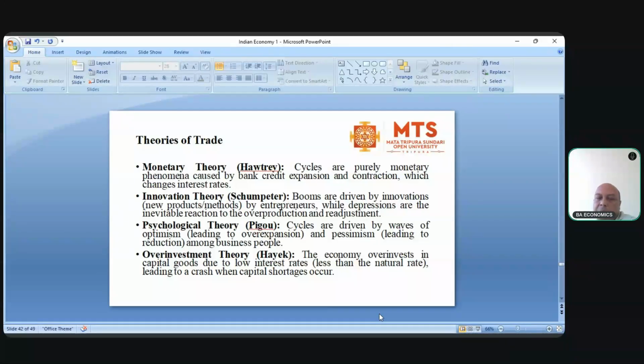If demand for capital goods falls, then business profit margin will also fall, the economy will also fall, and trade volume will also fall.